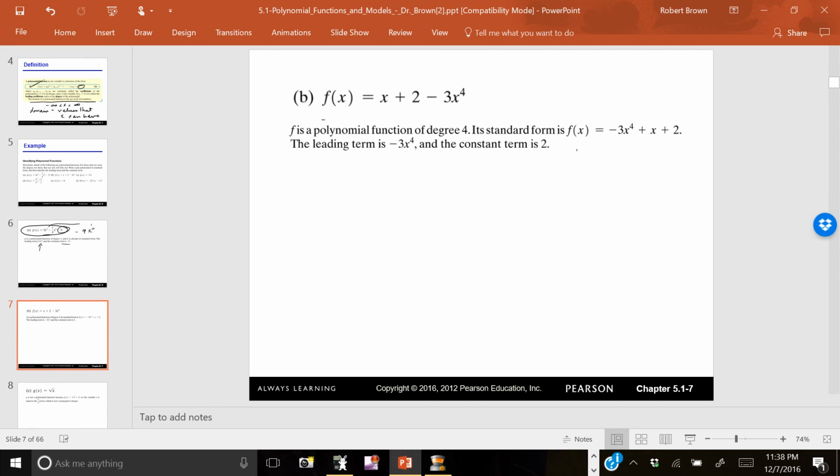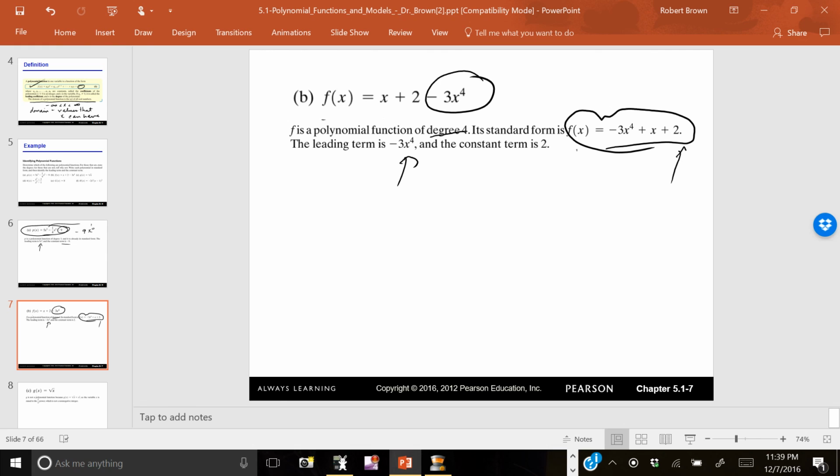The next one, it's not written with the highest exponent term first, but this is okay. Notice that this is a polynomial, but you need to look at all the terms and see that it's of degree 4. You could write it in standard form like this. And the leading term is minus 3x to the 4th, and the constant term is 2.